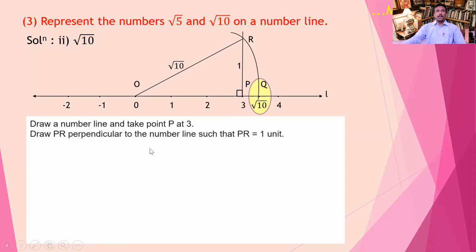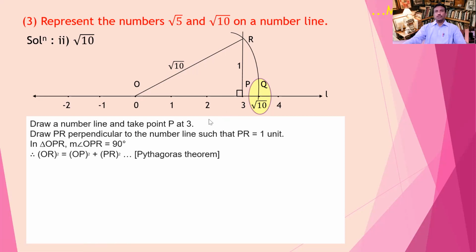Now, draw PR perpendicular to the number line such that PR is equal to 1 unit. This is perpendicular PR to line L, and PR is equal to 1 unit. Now, in triangle OPR, angle OPR is 90 degrees, which means triangle OPR is a right angle triangle, and by Pythagoras theorem, OR square is equal to OP square plus PR square.